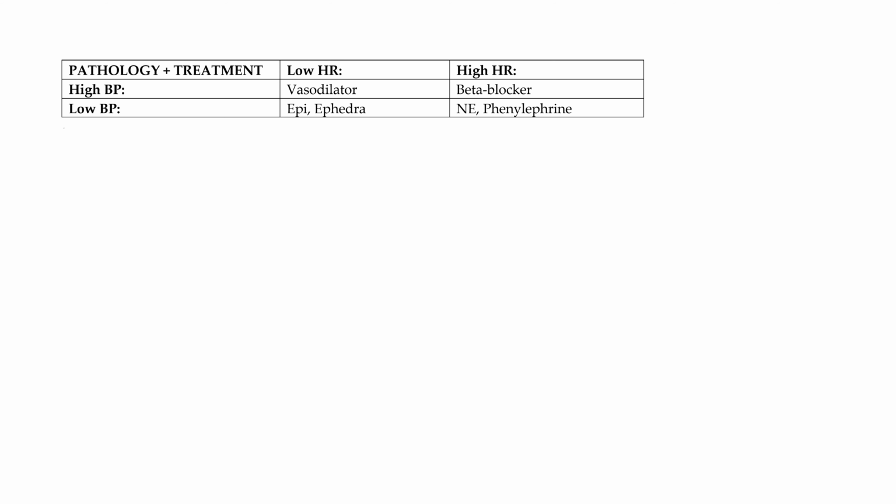Now, sometimes you can overconstrict, and so sometimes people on these pressors, as they're called, the vasopressors, they'll get ischemic limbs, like ischemic in the hands and the feet, and you end up having to amputate them. But at the same time, you are saving their life by maintaining perfusion through these organs.